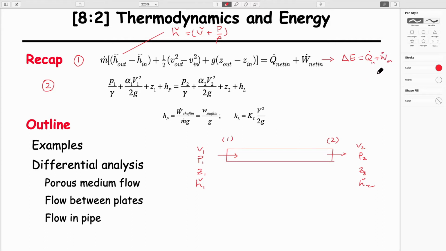We have a sign convention, so heat in or work rate in is positive. That's accommodated by doing this as in versus out. This is the mass rate, and these are the same expressions, just written in terms of chemical energy because it's equivalent to the first law. And this is just Bernoulli as we had before.